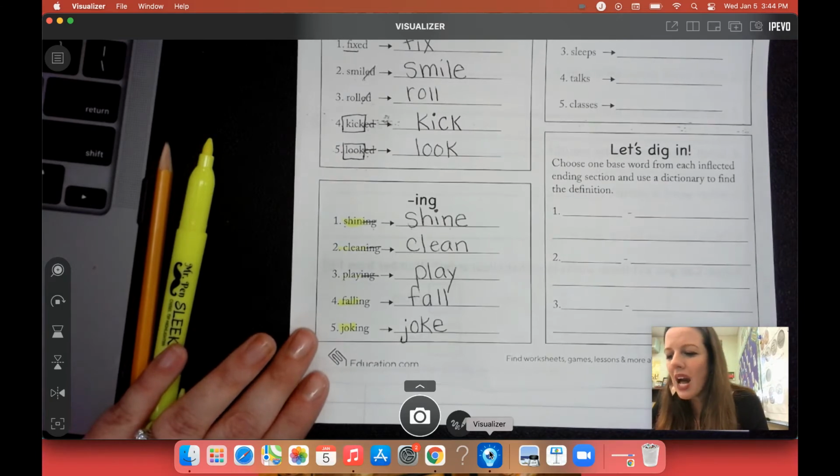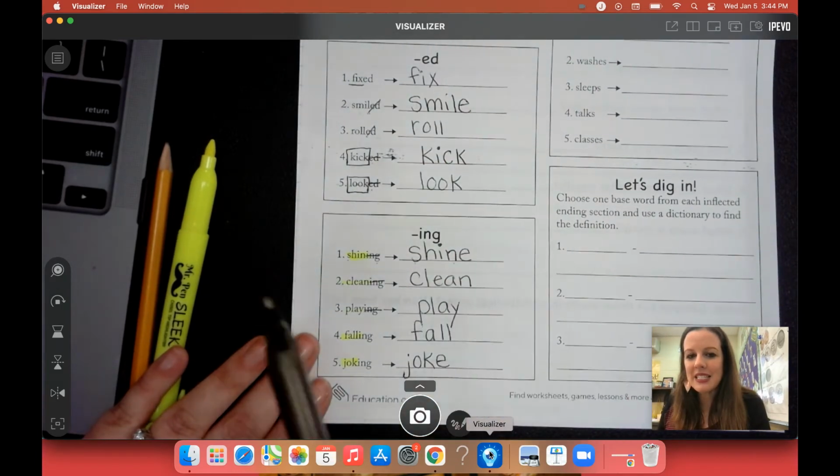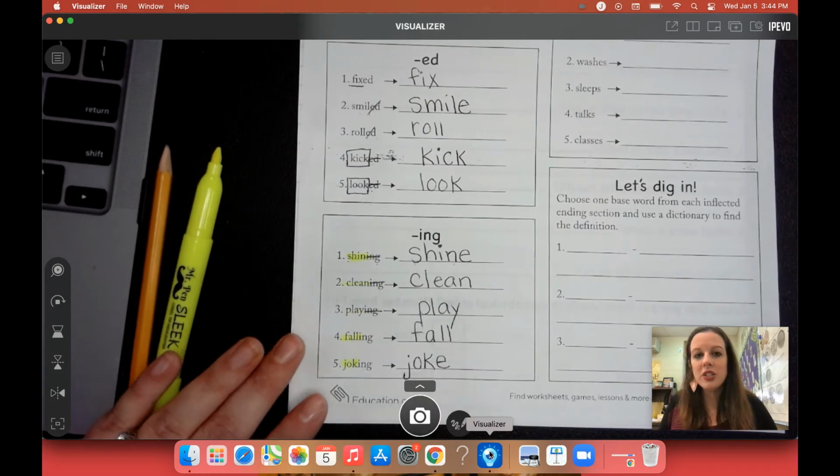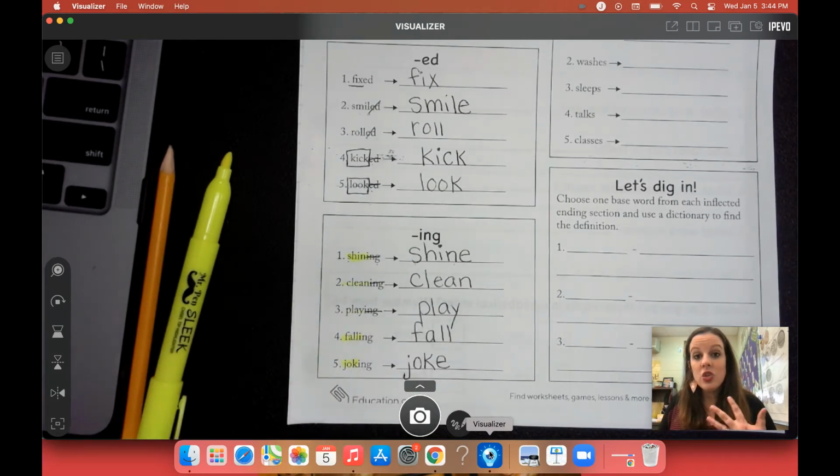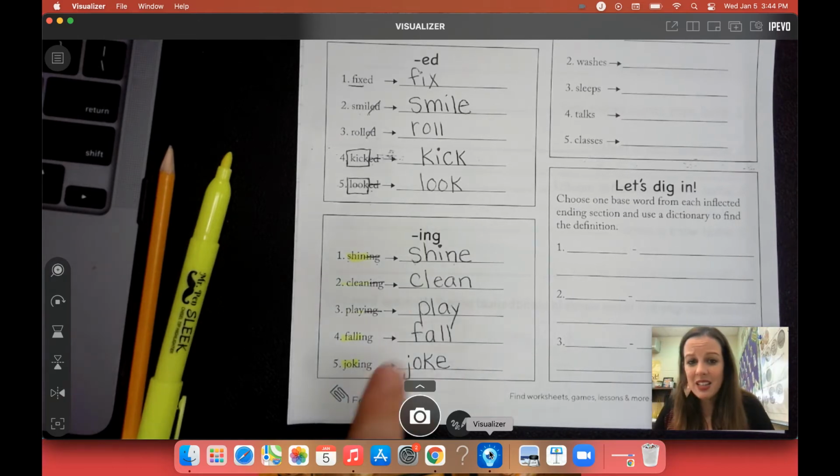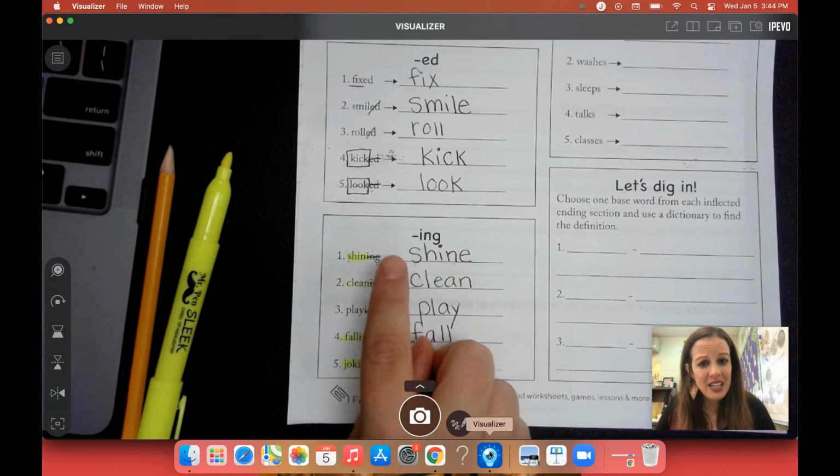Now, why are we removing these endings? Well, boys and girls, you don't need a full word when you're looking up words in the dictionary. It's much easier to search for base words than it is to search for words with their ending. So it's much easier to search for the word shine than it is the word shining.